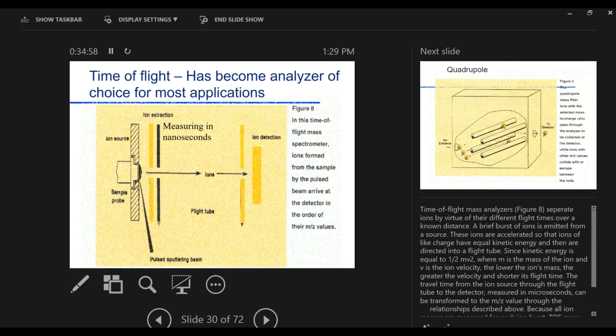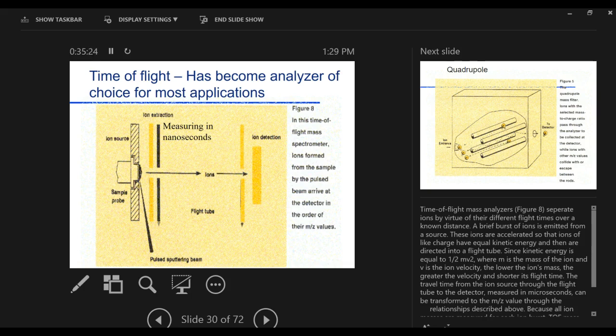This was also one of the earliest means of detecting. This is where you've got a sample that's coming in here one way or another. We zap it with high energy, so we make ions out of it. Then we've got electrical charge here, so our charge is drawn out here, given a velocity.